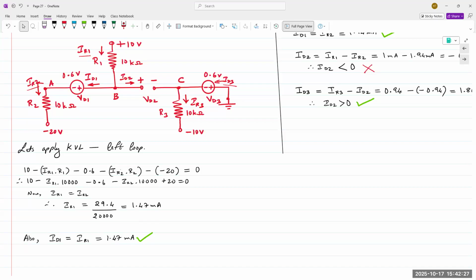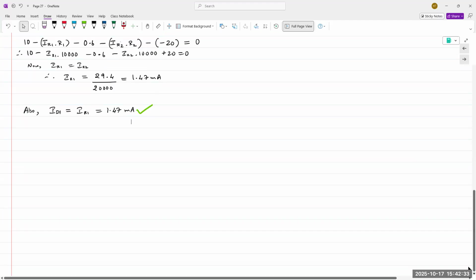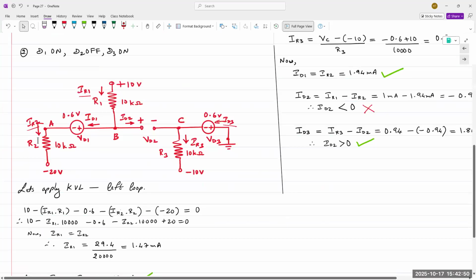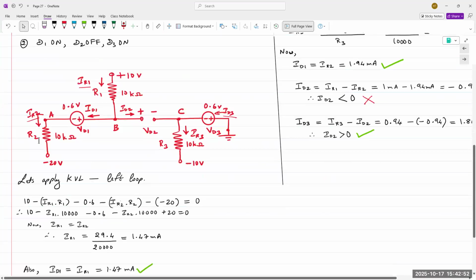All right, let's calculate IR3. IR3 in the same manner is going to give us ID3. And this is rather straightforward because there's only two voltages. IR3 has minus 0.6 at one end and 10 at the other.